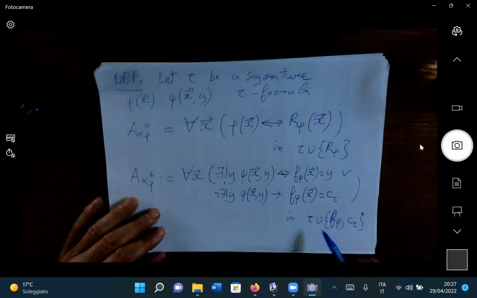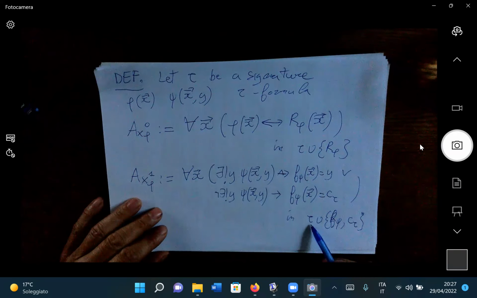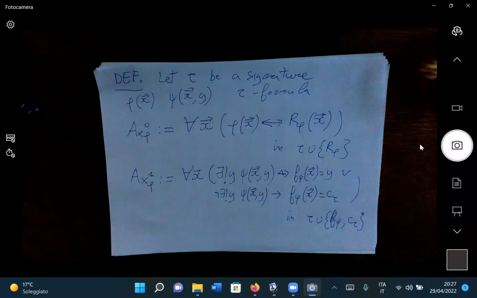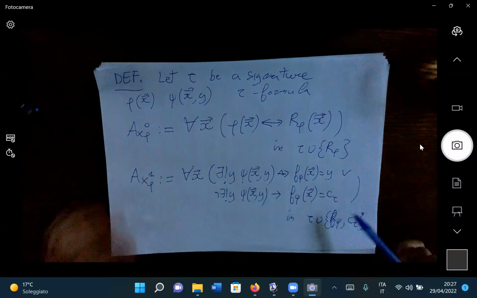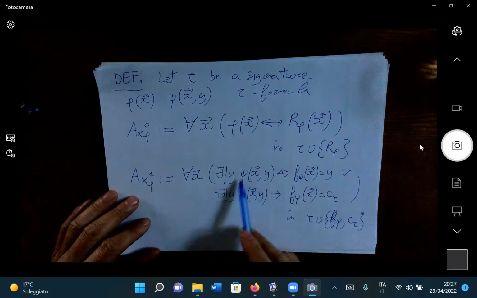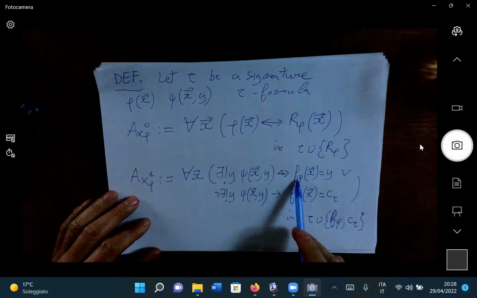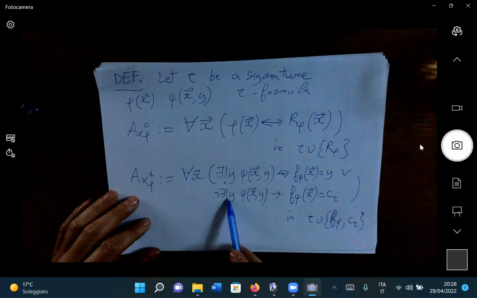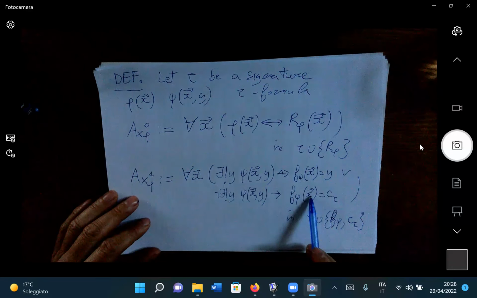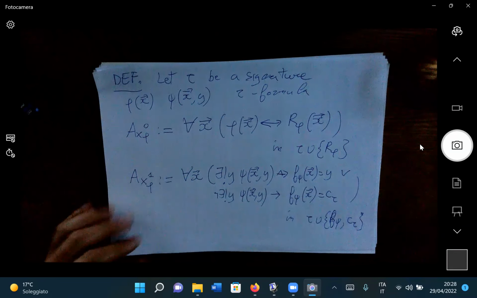So essentially the problem is tau may not have constant symbols, so we add one constant symbol which we use for the trash value, so when we don't have a unique witness, and then we use the existence of a unique witness to define the function symbol, and if there is no unique witness, then we let the function symbol be evaluated trivially.